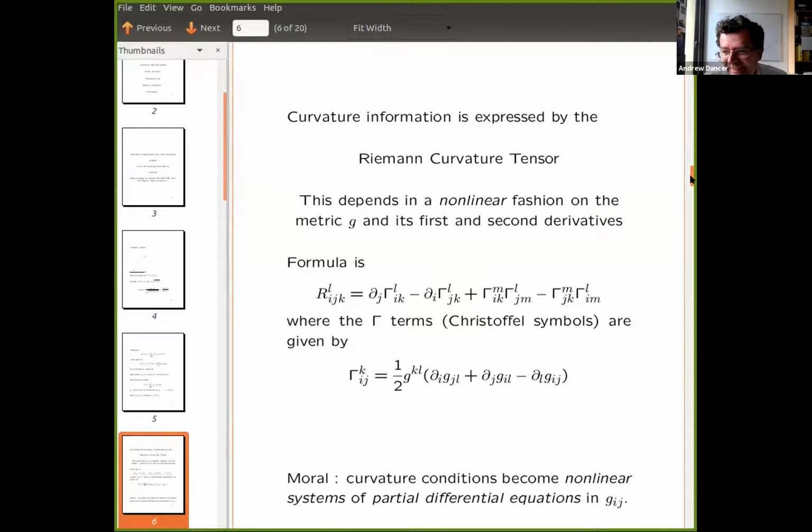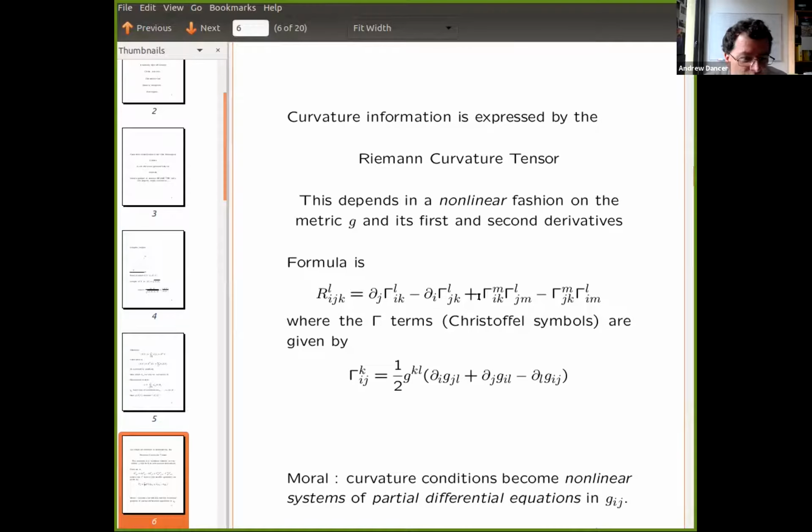The curvature information on the manifold is expressed by the Riemann curvature tensor. And the key thing to take away from this, of course, is that this depends in a very non-linear fashion on the metric and also on its first and second derivatives. So the first step is to define the Christoffel symbols, the gamma^k_ij, which, again, is a nonlinear expression involving first derivatives of the metric.